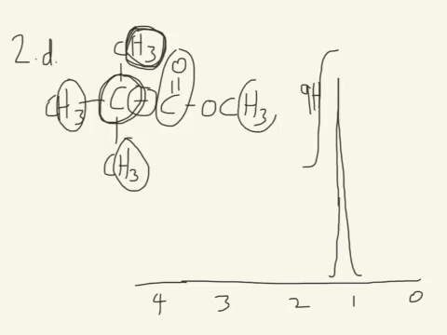The other 3 hydrogens are over here on this CH3, and the carbon that the hydrogens are attached to is bonded to an oxygen. Oxygens are electronegative, and that's going to pull the signal significantly far downfield. When this oxygen is part of an ester functional group, as it is here, you might get sometimes a little bit more than 4.